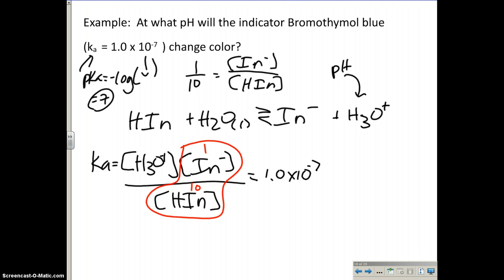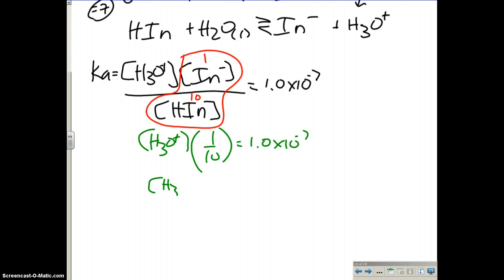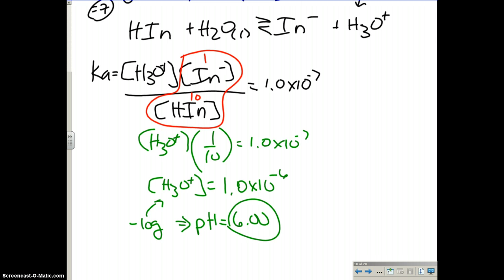Since we know everything but the hydronium concentration, we can solve for hydronium and therefore solve for the pH at which it's going to change. So in this case, this is hydronium times 1 over 10 equals 1.0 times 10 to the negative 7th. If you multiply both sides by 10, you get hydronium ion concentration equals 1.0 times 10 to the negative 6. Take the negative log of that to give us the pH of 6. So it's going to change at a pH of 6.